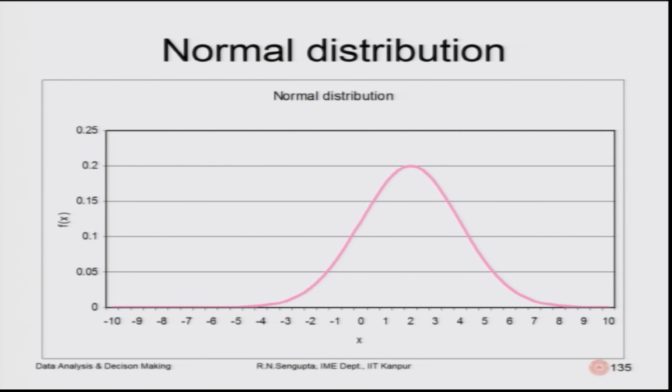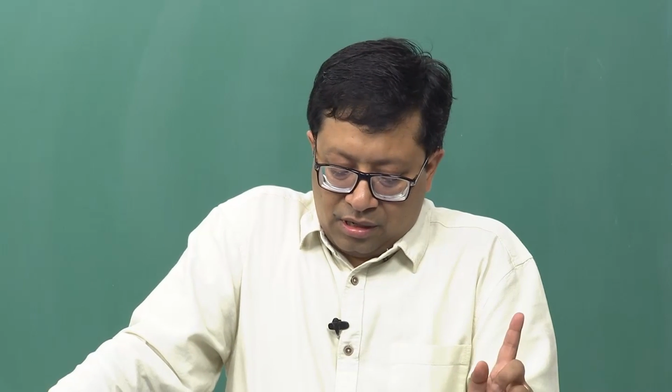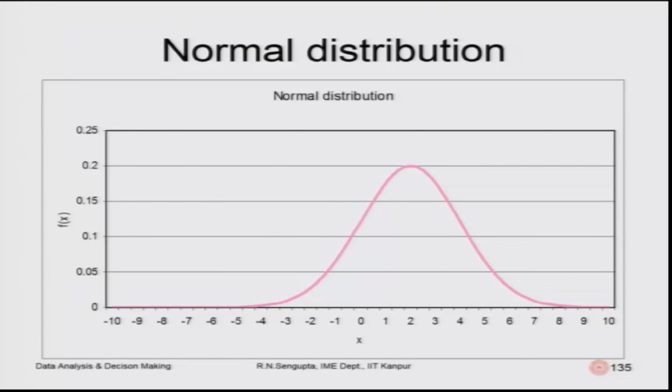The normal distribution looks like this, where along the x axis you have the x values, and technically the x values are from minus infinity to plus infinity. Along f of x you have the PDF values, and remember the normal distribution is such that the mean, the median and the mode are at the same point, which is mu suffix x.